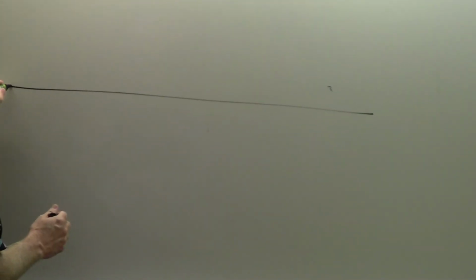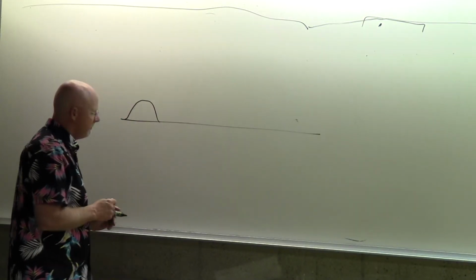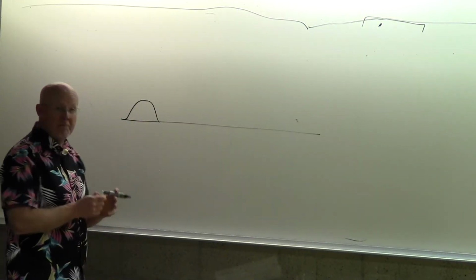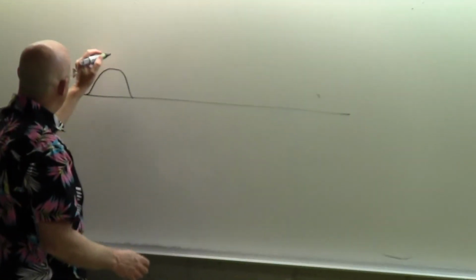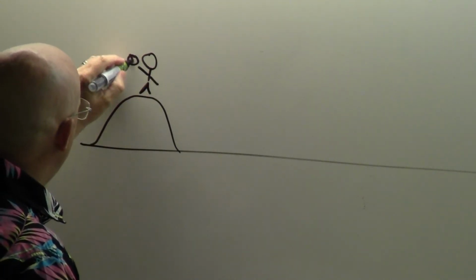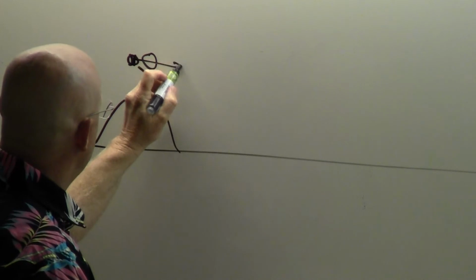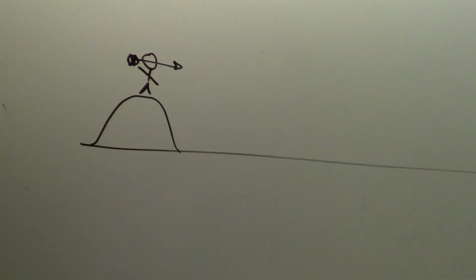He said, okay, let's take the Earth and let's put somebody on a hill. I'll call it a mound because it's not really that big of a hill. And let's put them on top of this mound and have them throw an object.